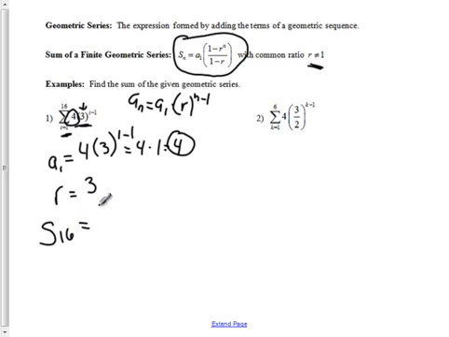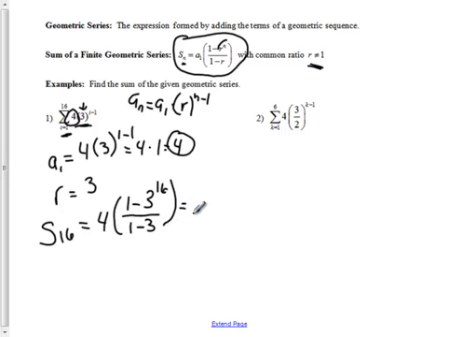So we're going to take our first term, which is 4, multiply it by 1 minus our common ratio, which is 3, raised to the n, which our n is 16. If you notice, the n here corresponds to the n up here. So 3 to the 16 all over 1 minus our common ratio, which is 3. Plug it in your calculator.